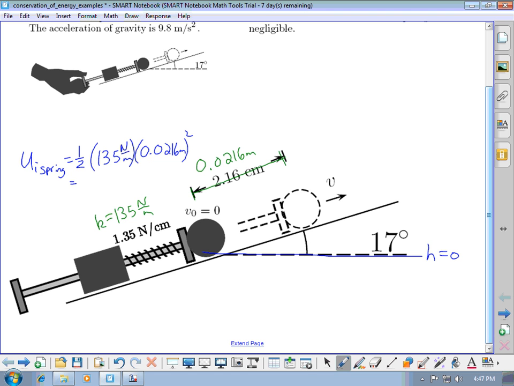If you calculate that potential energy, you get 0.03149 joules. The initial gravitational potential energy is 0, and the initial kinetic energy is also 0.